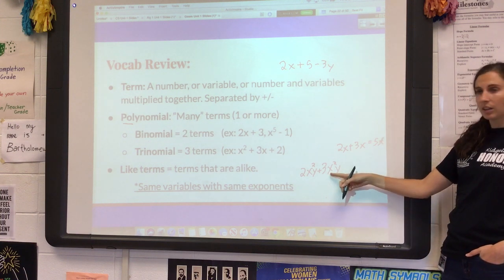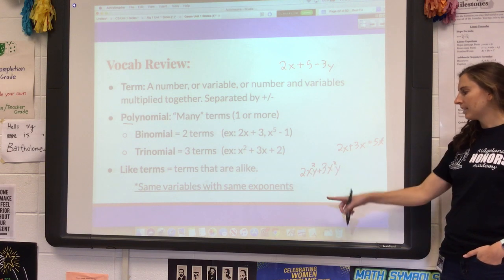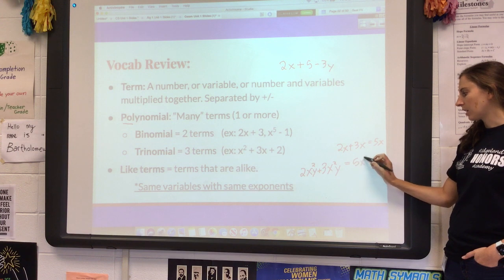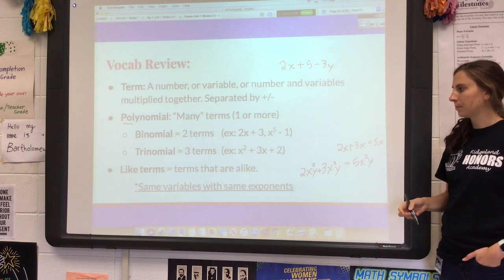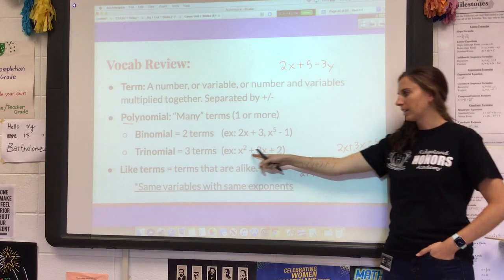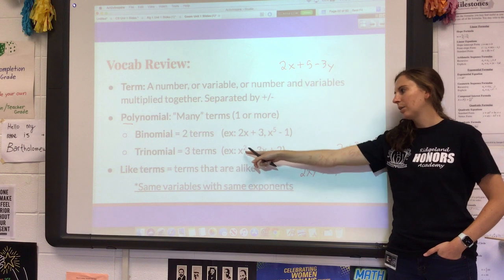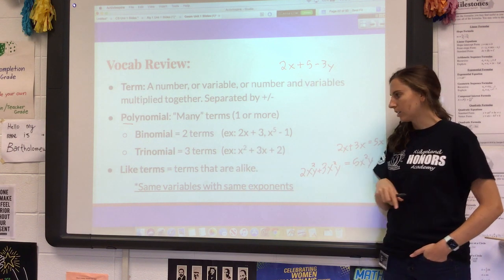Same thing here, even though it looks complicated, if I have 2 of these x squared y's plus 3 of these x squared y's, that would give me 5 x squared y. The variables won't change, just the coefficient in front. None of these are like terms because that's just a constant. That one has an x and that one has an x squared. They don't have the same exponents, so they're not like terms.